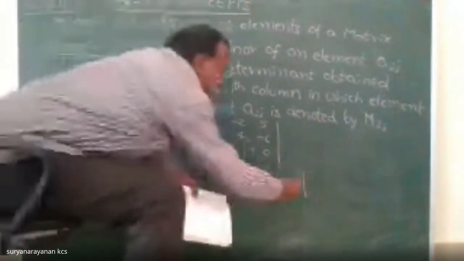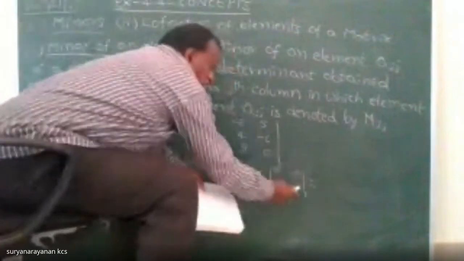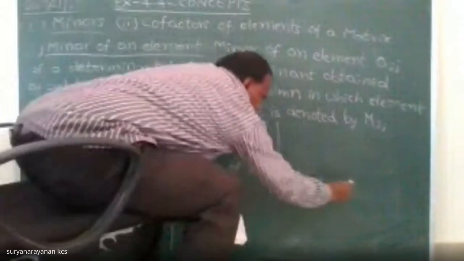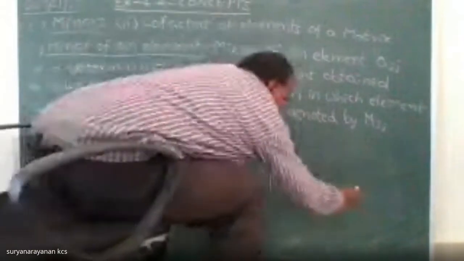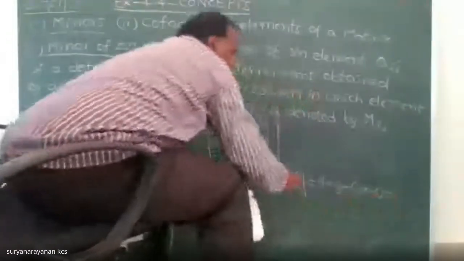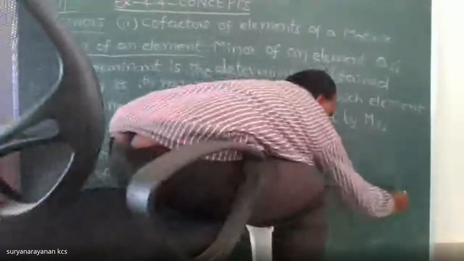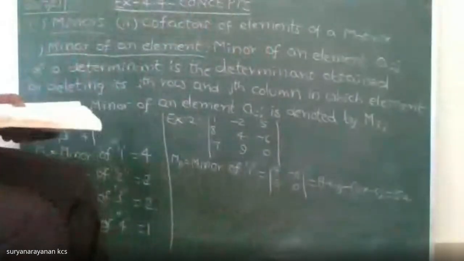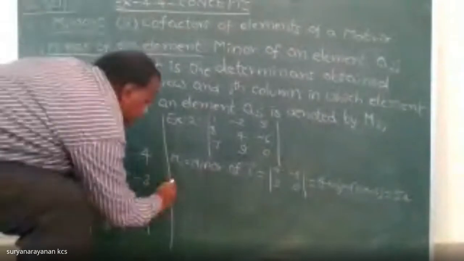Find its determinant. 4 into 0 minus 9 into minus 6. What do we get here? 54. 54 is the minor of 1. Minor of 1 is 54. Understood this point? Yes, sir.